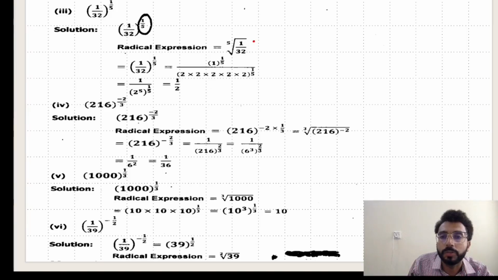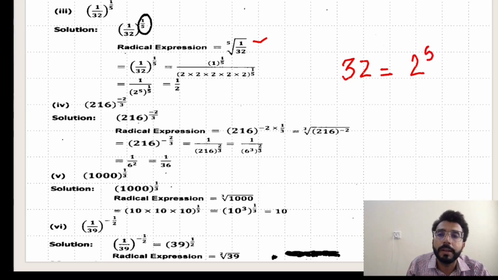As you know that 32 जो है, we can write in the factor form as 2 की power 5. So you can write in the form of factor this. ठीक है, 2 power 5, you can cancel this 5, both 5 numerator and denominator cancel. After cancelling you get the simplified form 1 by 2 is our simple answer.